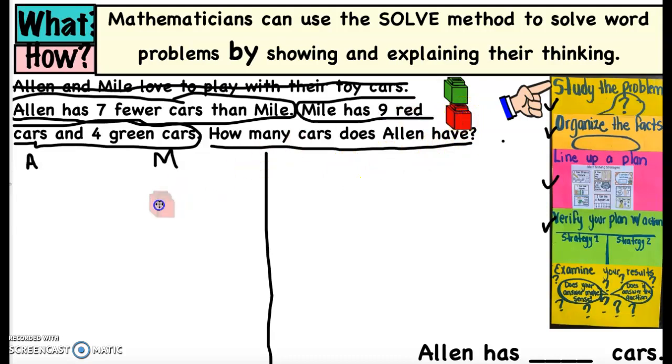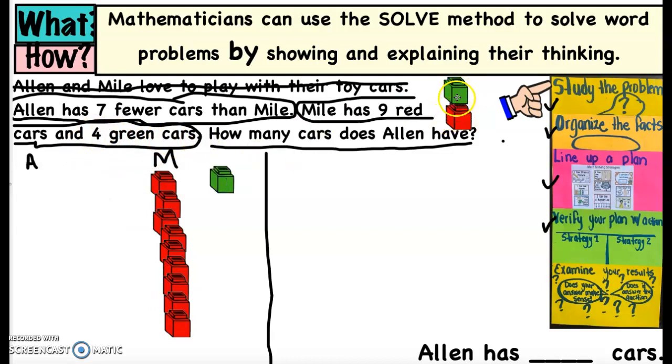So count with me. 1, 2, 3, 4, 5, 6, 7, 8, 9. So those are the 9 red cars that Miles has. And then it says that he has 4 green cars. So I need 4 green ones. 1, 2, 3, 4.